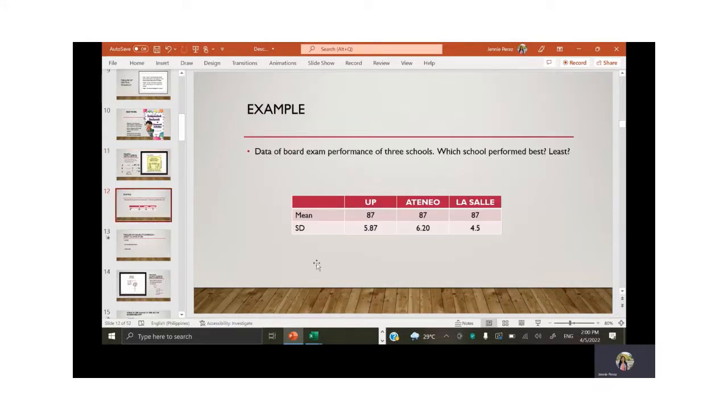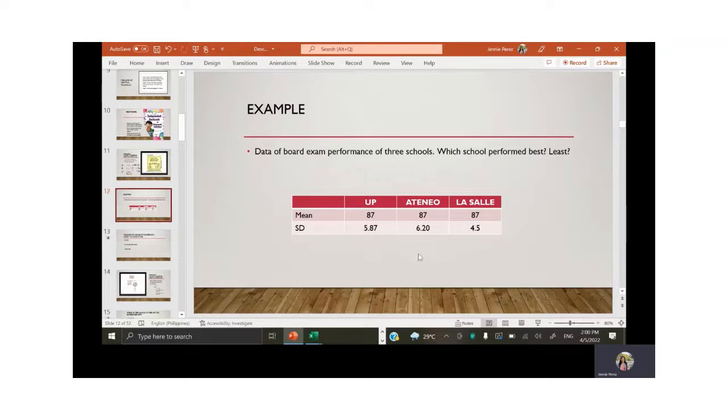Now, for example here, suppose this is data from 3 schools, UP, Ateneo, and LaSalle. The mean rating of these 3 schools are all the same, 87%.